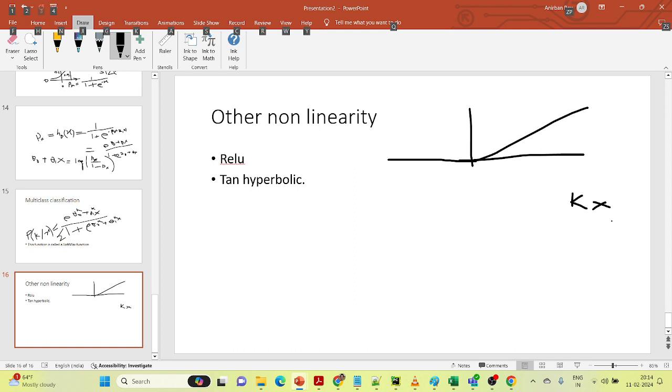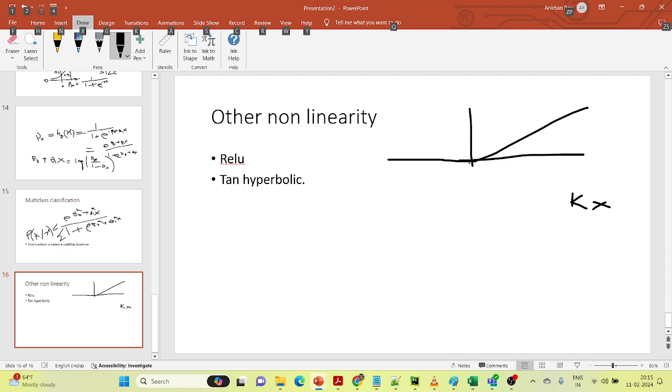So this is the ReLU. It is non-differentiable at 0, but that is okay, it is only one point. At higher values, it always gives a positive value; the derivative is positive, equal to k. But for negative values, it gives derivative equal to 0.